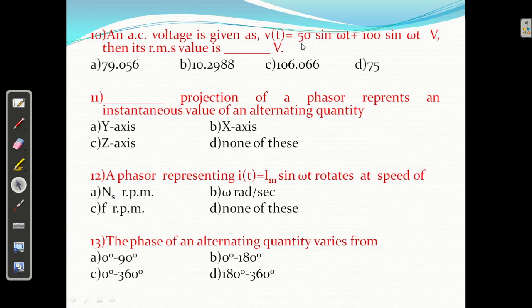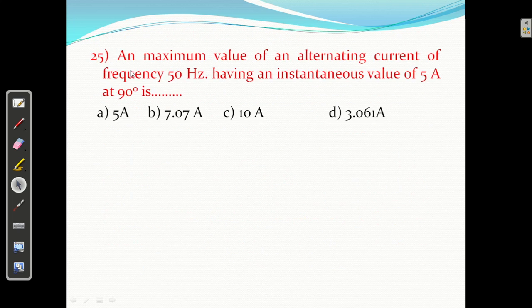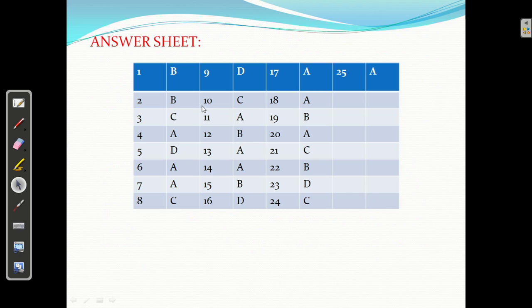So under root of 50 square plus 100 square, and maximum value आ जाएगी and then divide by root 2. Okay, so it is 79.07. So answer of 10 is A. यहाँ पर 10 का आंसर A है. So please correct it. It is not C, it is A. So this is the correct answer.